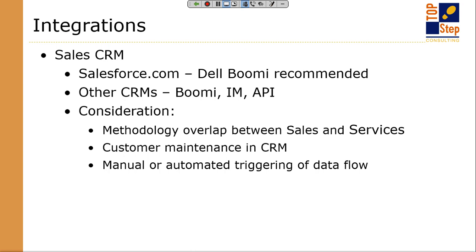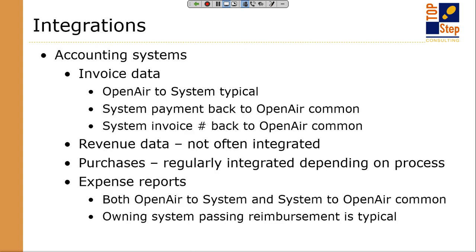In terms of accounting systems, here's what we typically see. With accounting systems, it's typically all about invoice data, getting data from OpenAir's invoices over to another system. We've done this with lots of other systems, NetSuite, QuickBooks, etc., Dynamics.